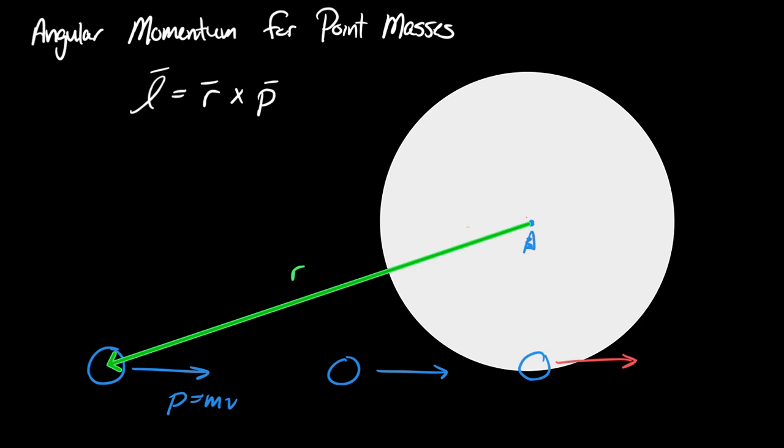Now, it's a cross product, which means this is just R times P times the sine of the angle. And that would have to be the angle between R and P. So that would be this angle. Now I know this looks kind of funky. And if you're with me right now, I know I'm going a little fast. Isn't R getting smaller?